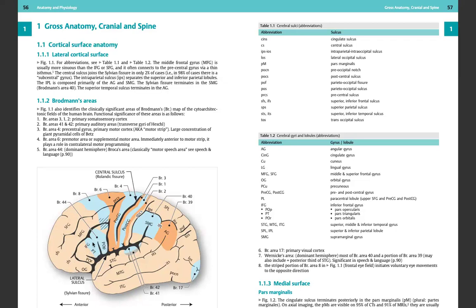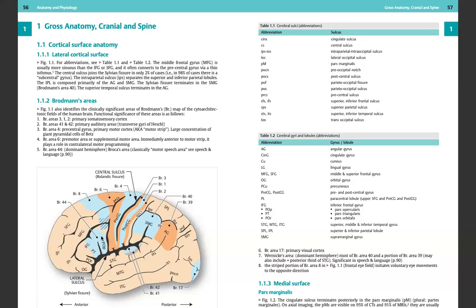And the important thing located here, ranging in between the pars triangularis and pars opercularis, is Brodmann's area 44, which is referred to as Broca's area, the frontal speech or motor speech area.